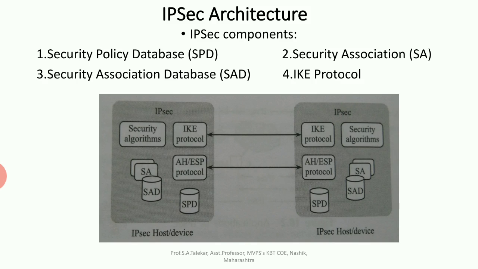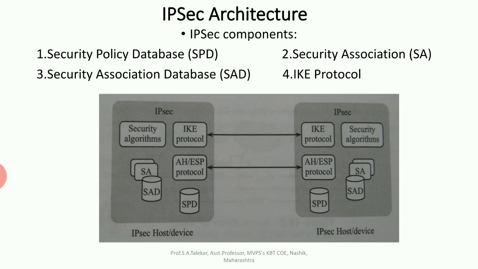Now, in these slides, we are going to discuss the IPsec architecture. There are basically different components of IPsec involved in this architecture. Basically 4 components. The first component is the security policy database, SPD. Then security association, SA, the security association database, SAD, and the internet key exchange protocol, that is the IKE protocol. You can see the diagram: host A and host B, IPsec host A or device and IPsec host B or device.